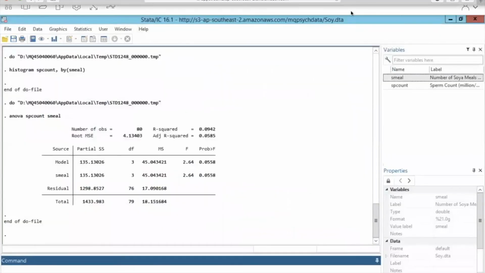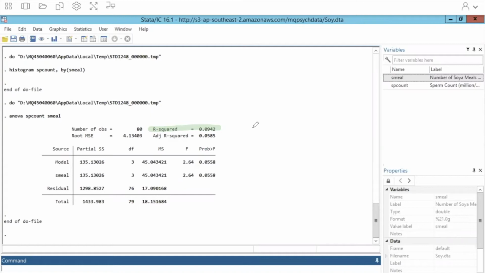Right, we run the command and we get this output. You'll notice that we do get an R² value here. You interpret that the same way we do with regression. So this is saying that about 9.4% of the variability in sperm count can be accounted for by number of soy meals.